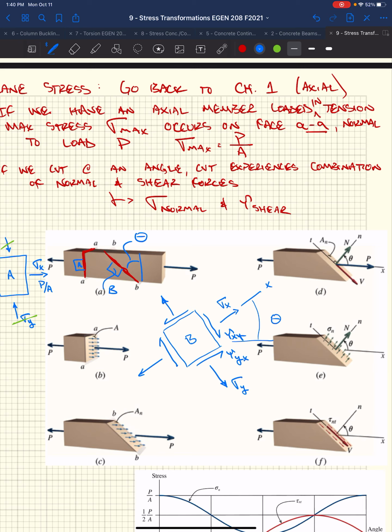Because we have shear stresses and normal stresses, we end up getting a stress block that looks something like this. We start seeing normal stresses, we start seeing shear stresses.